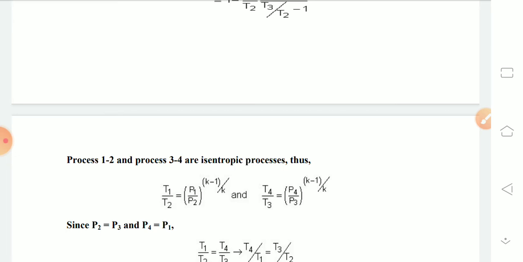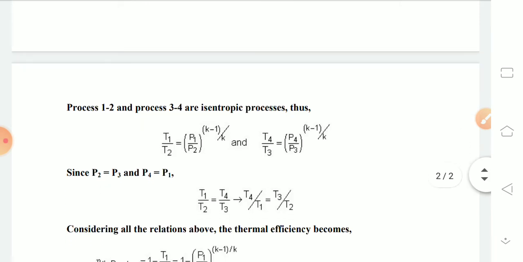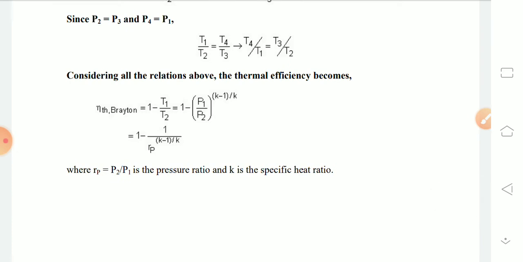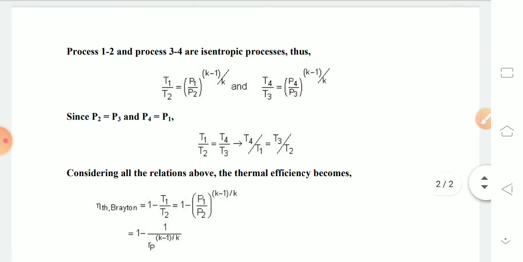Process 1 to 2 and process 3 to 4 are isentropic processes. So you can write T1 by T2 is equal to P1 by P2 whole power k minus 1 by k. Here P2 by P1 is the pressure ratio and k is the specific heat ratio.